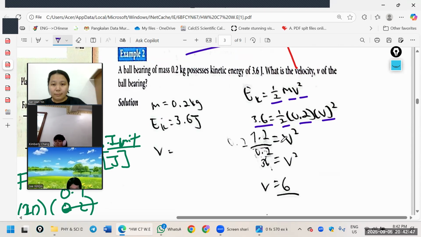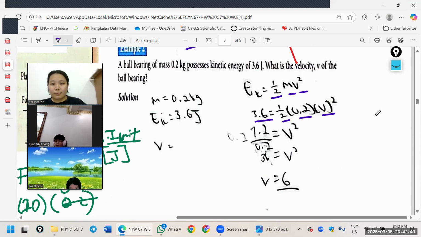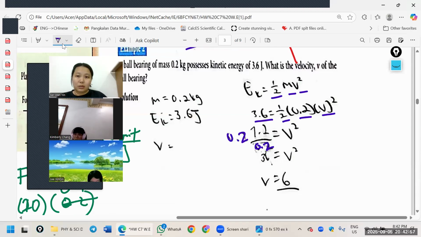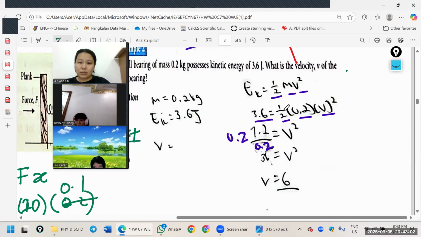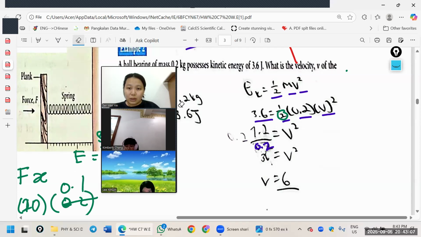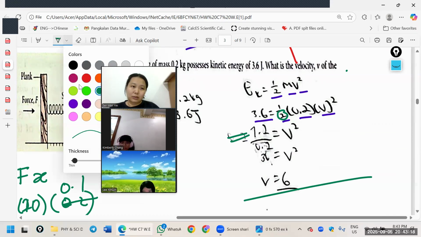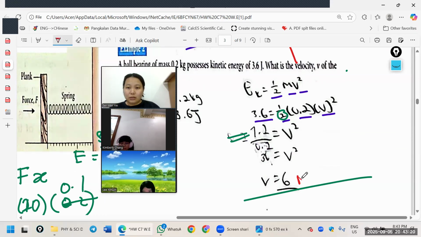Then okay, correct. 6. You forgot the unit. The unit is meter per second. SI unit.